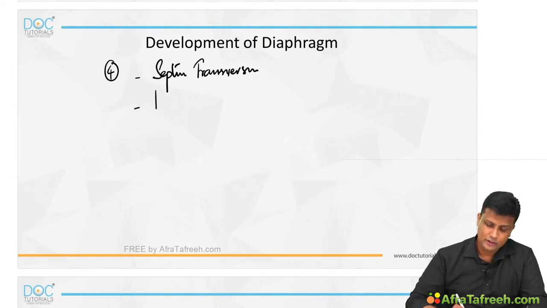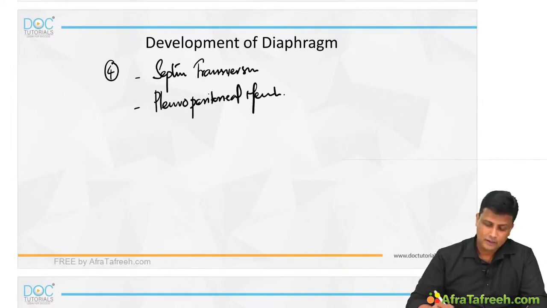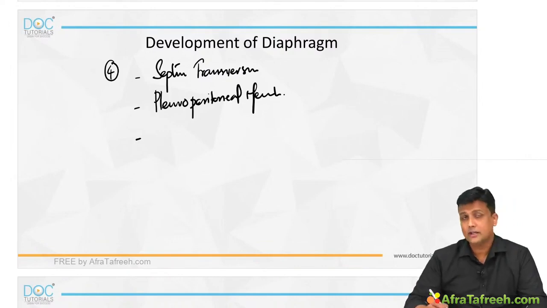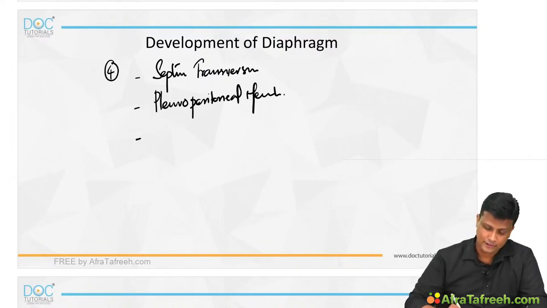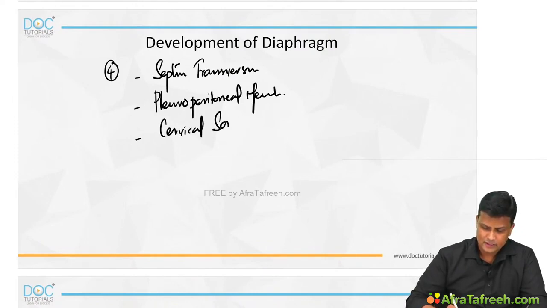Number 2 is the pleuroperitoneal membrane. Number 3 is the somites, and remember, it is the cervical somites. That's the term which is confusing many students. Cervical somites, or you can use the word myotomes also.